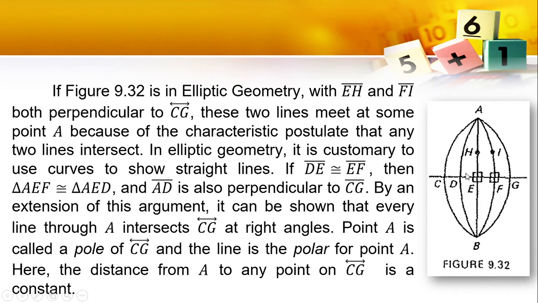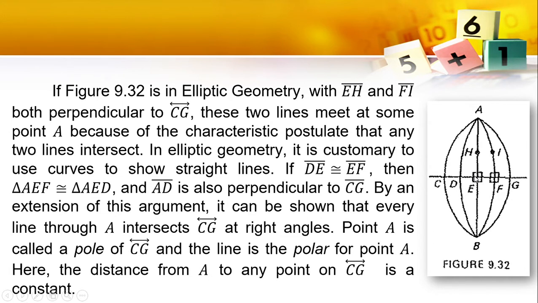So if line DE is congruent to line EF, then triangle AEF is congruent to triangle AEB. Why? Using the SAS postulate, side angle side, we have the right angles.